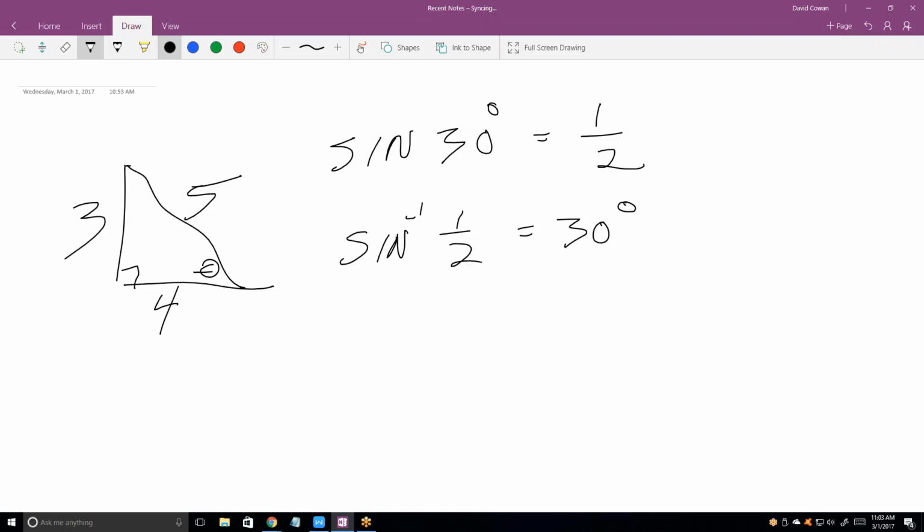However, if you wanted to solve for theta, let's say somebody says, what's theta? The angle opposite the side 3. Well, I would take the inverse sine of 3/5. In other words, I'm going to take the inverse sine of that opposite over hypotenuse to come up with that angle. That angle turns out to be about 37 degrees.